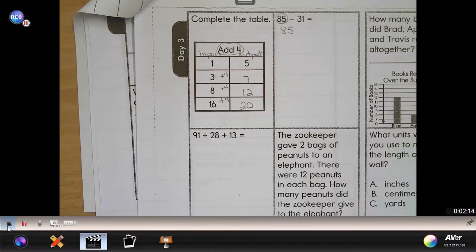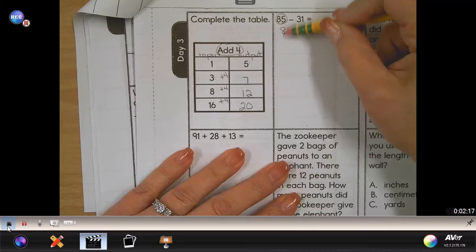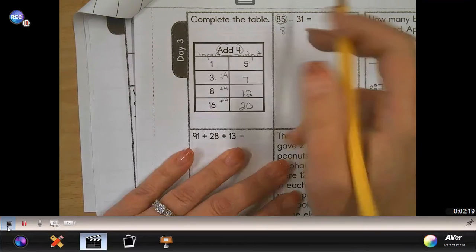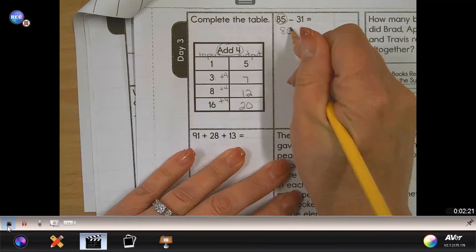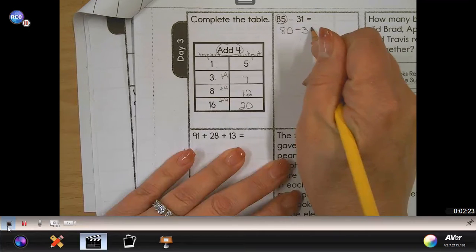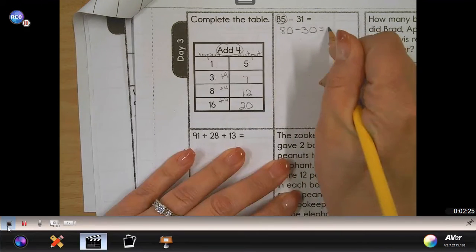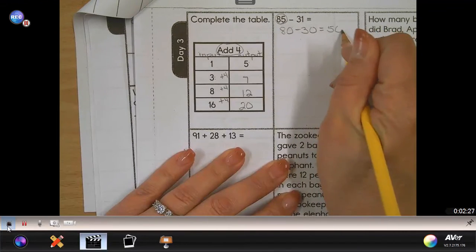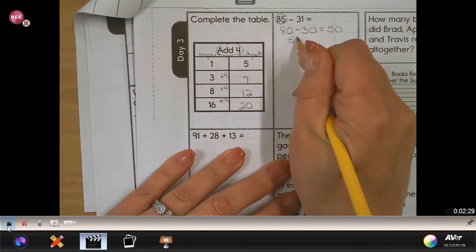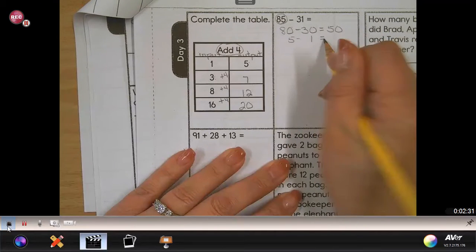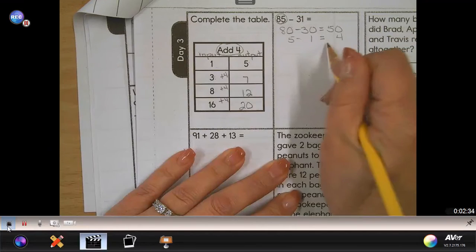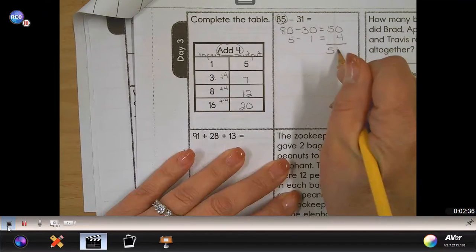The break apart strategy means that we're going to break it apart by place value. We could start with 80 minus 30. That is going to give us 50. And then we have 5 minus 1. And that will give us 4. And together that makes 54.